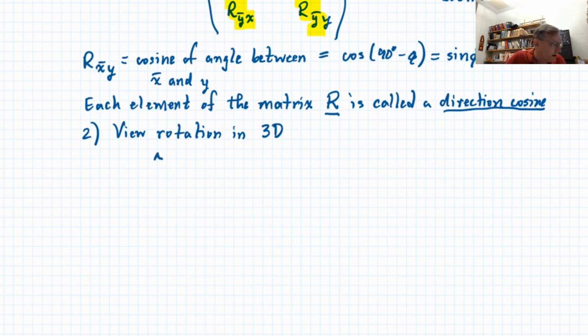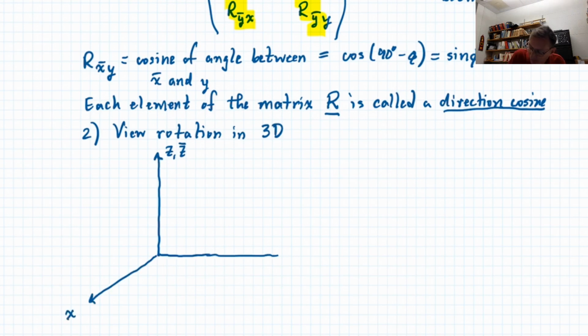We'll take the common z bar axis to be straight up, so to speak. Then we'll have the original x and original y, where even though we draw it so that it looks otherwise, the angle, of course, between the x and the y is 90 degrees.